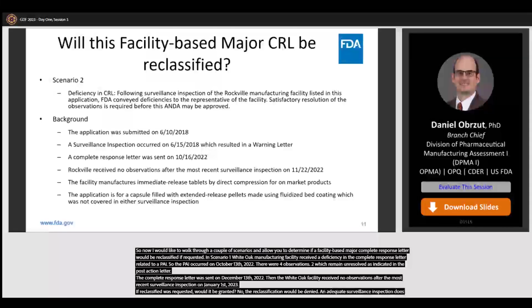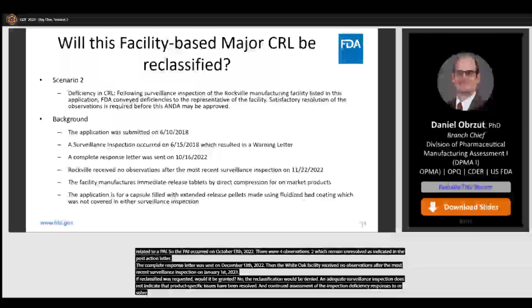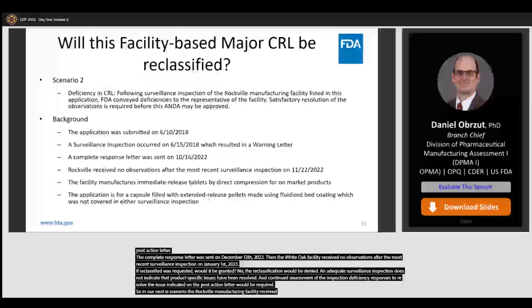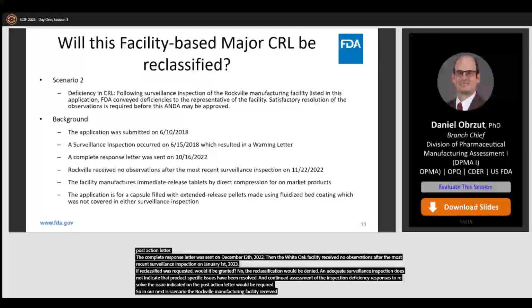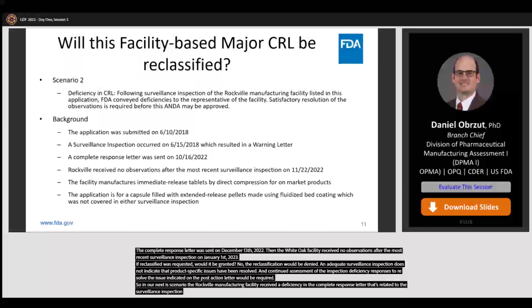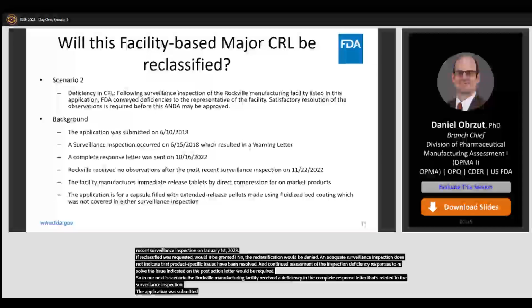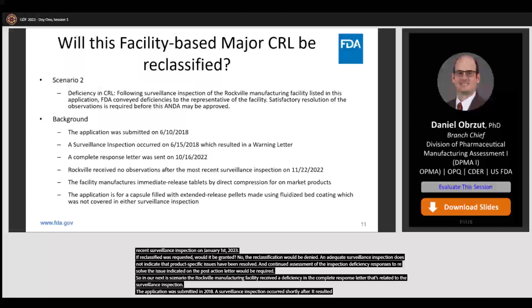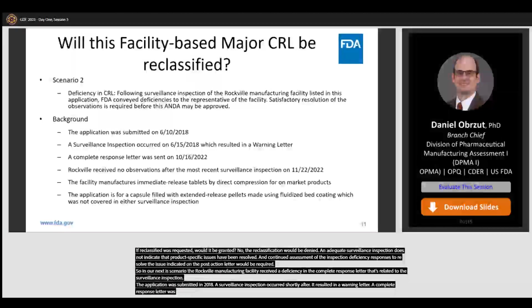In our next scenario, the Rockville Manufacturing Facility received a deficiency in the complete response letter that was related to the surveillance inspection. The application was submitted in 2018, and a surveillance inspection occurred shortly after, and it resulted in a warning letter. A complete response letter was sent on October 16, 2022.